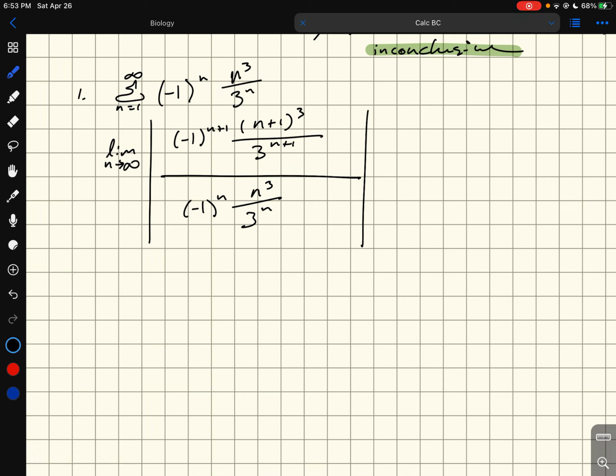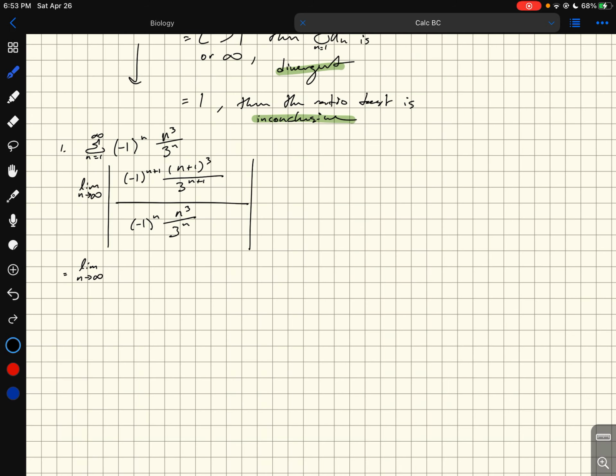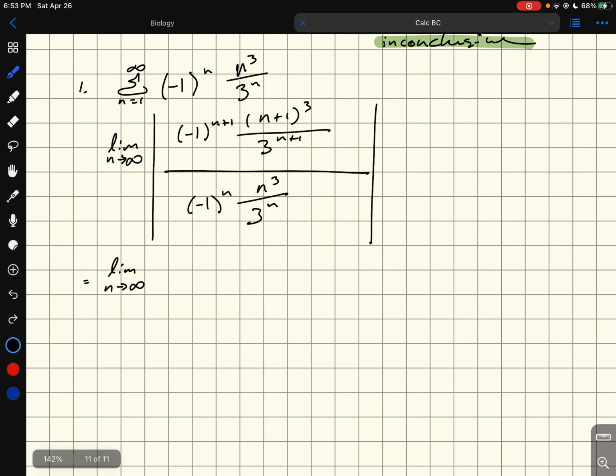Remember, dividing by a fraction is the same as multiplying by its reciprocal. The nice part of having this as absolute value is that this negative part goes away, because everything's going to be positive. So you can just write (n plus 1) cubed over 3^n times 3, and I'm going to split 3^(n+1) into 3^n times 3.